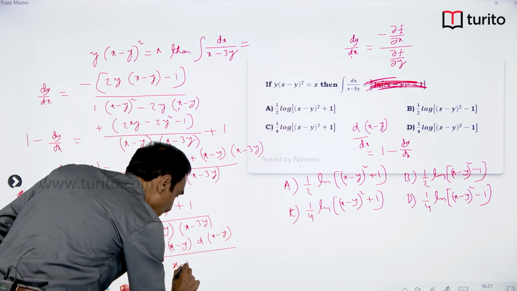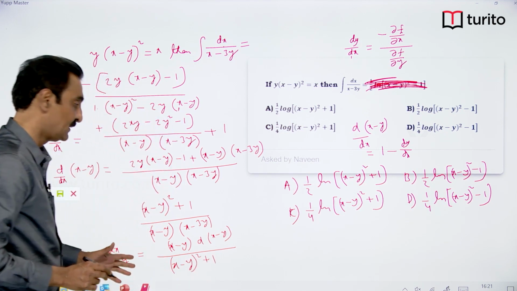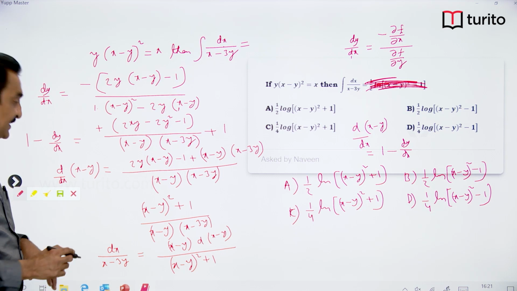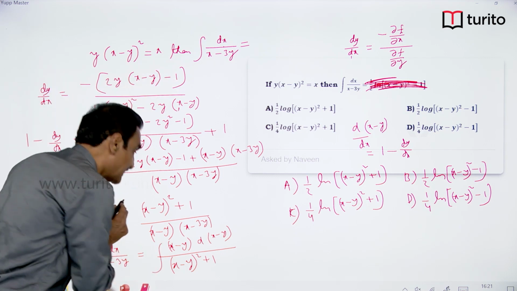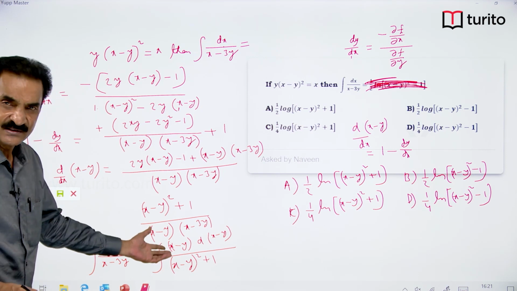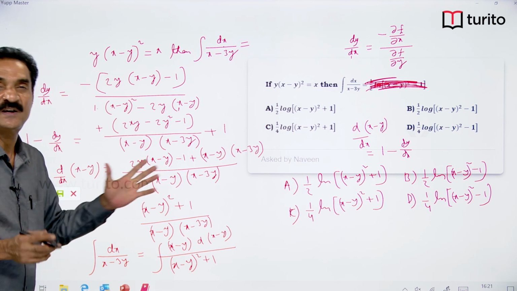Now, integrate on both sides. This is the given integral. It is equal to this integral. Just assume that x minus y is t, integral t dt by t square plus 1.